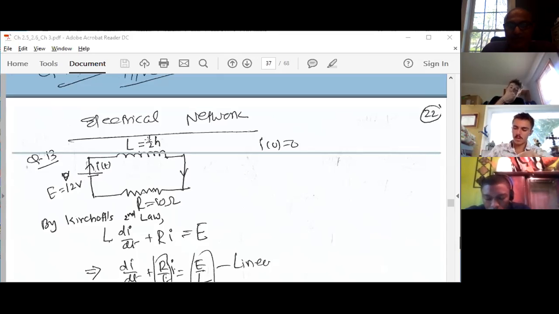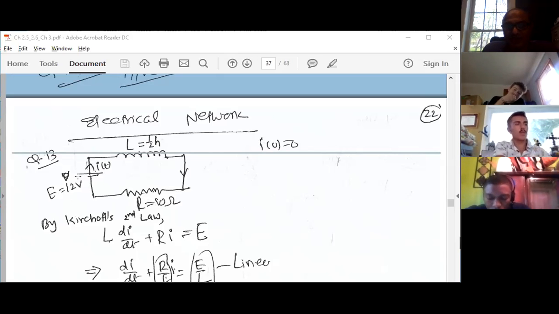Inductance is given to you, that is 1/2 henry. And then the resistance is given like this, that is 10 ohm, and that again goes to the battery. Suppose the battery is off, that means no current is passing through the circuit. That's why i(0) equals 0, that's the initial condition, right?